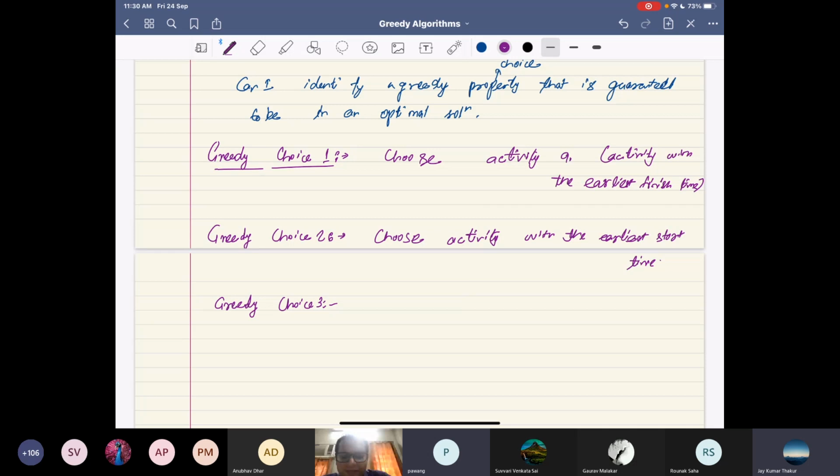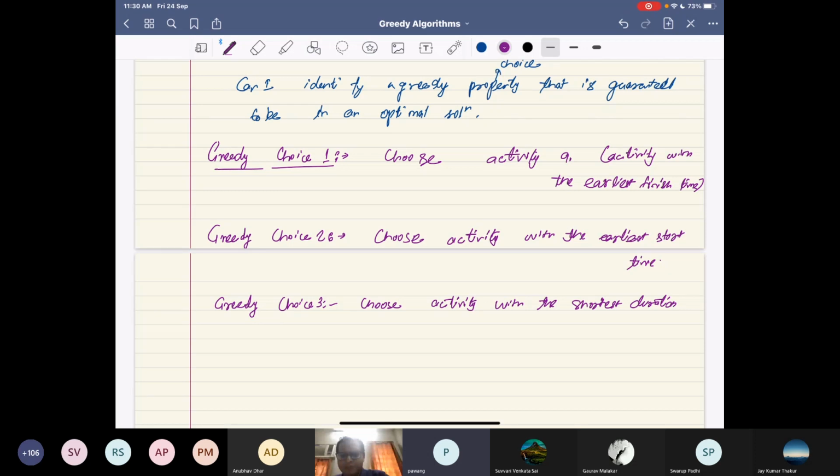Sir, we can choose the task with the shortest duration. Why not? Right. I choose a task with the shortest duration. That means this will leave the resource available for longest time, right? So choose an activity with the shortest duration. Oh, 10 minutes activity. Yes, please. You are leaving the resource for a long time.